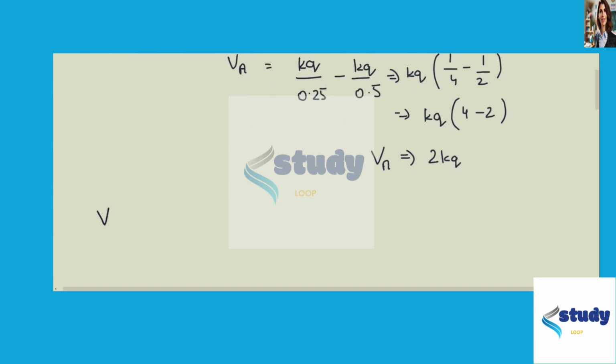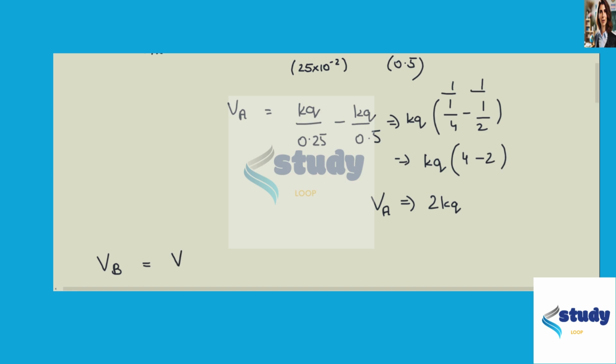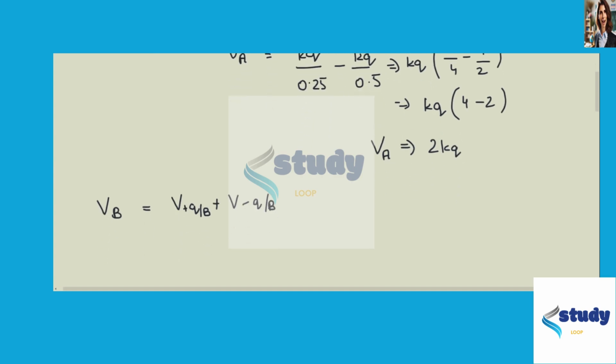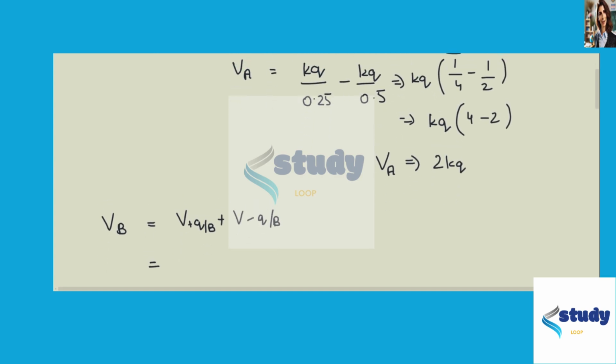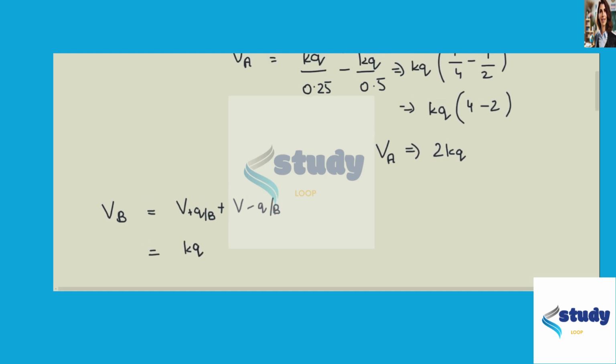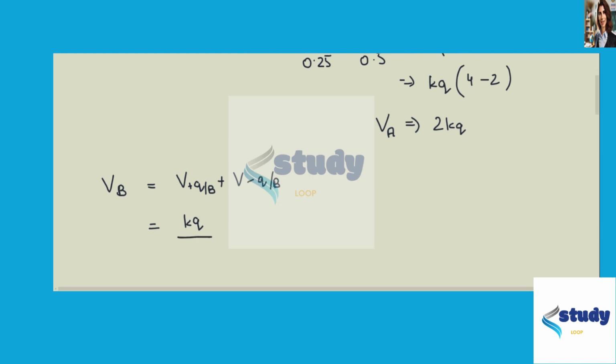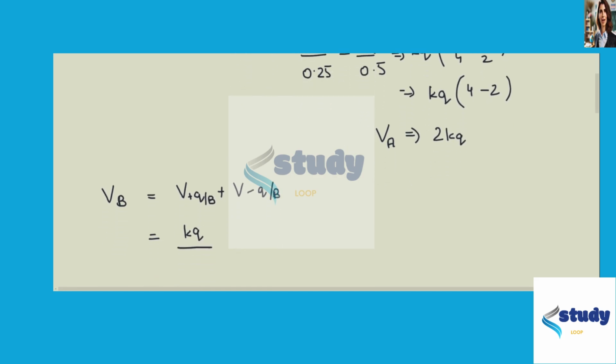Now we'll do the same thing for B. So our potential at B will be equal to the potential of the positive charge at B plus the potential of the negative charge at B. The positive charge has a charge of Q, and the distance it's separated by from the other sphere is 0.5.